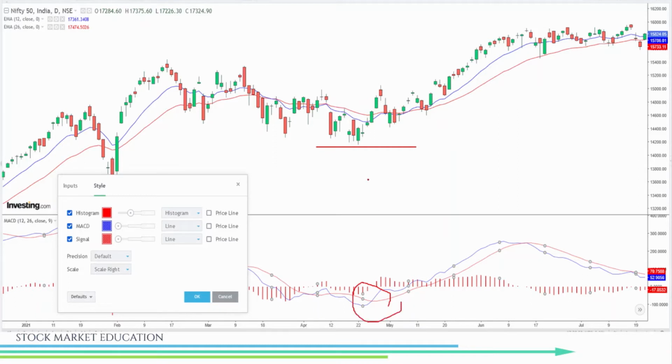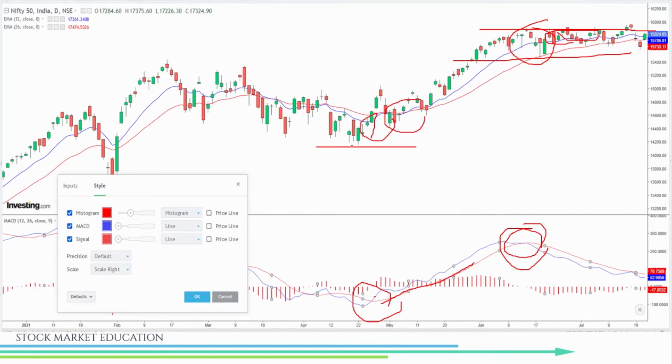So after this crossover, this low will be your stop loss, and you can hold it till there is a negative crossover, just like the exponential moving average which we saw. So here there are two chances: either you can exit here, where there was sideways price action, and enter here at this particular crossover with a very small stop loss, and then hold the position till your exit signal in MACD.